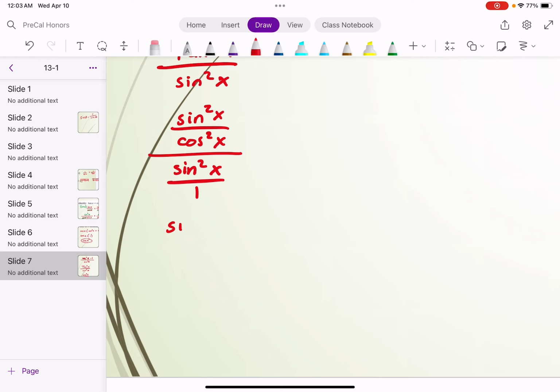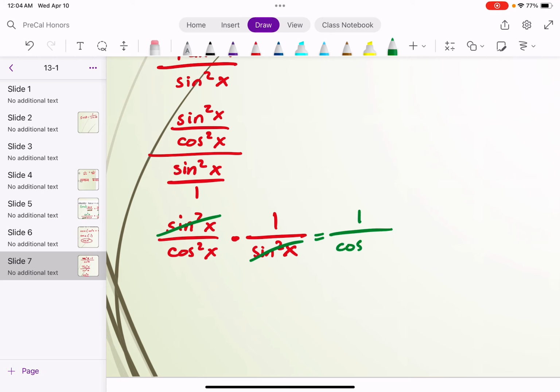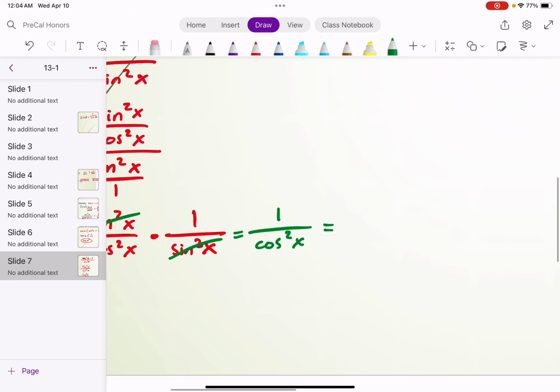So sine squared x over cosine squared x times 1 over sine squared x. In this case, sine squared x will cancel out from both sides. We are left with 1 over cosine squared x, or a final answer of secant squared x.